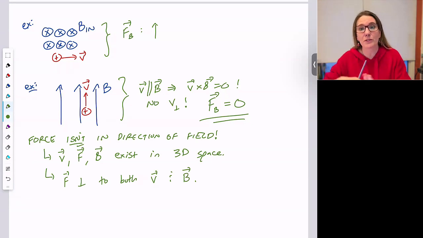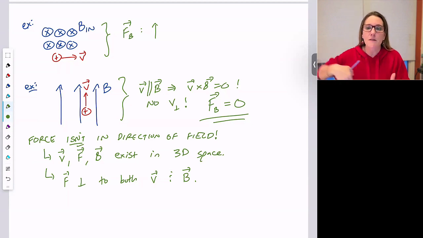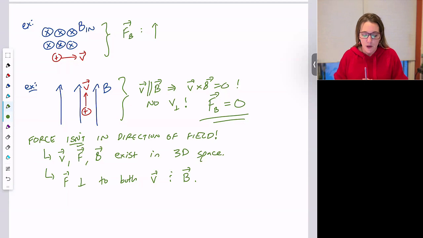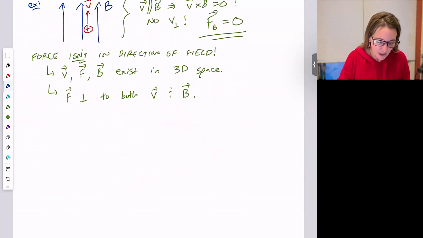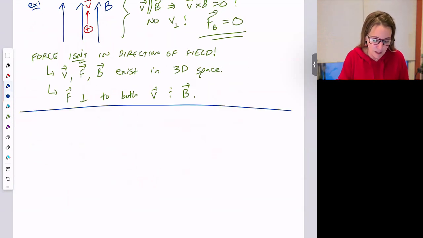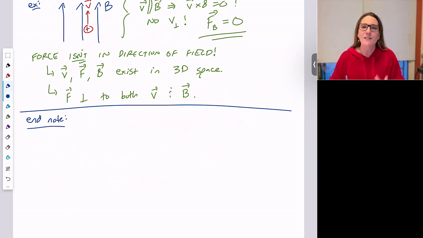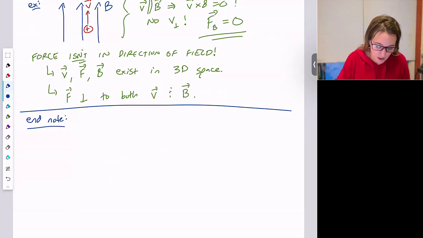In the next video, we'll see that the sort of motion it causes, because it's a perpendicular force to the velocity, will be circular. But I did want to make a side note, sort of an end note of this, which is that magnetism is a lot more complicated than it seems. The classical understanding of magnetism works well, but generally only when we look at it through a lens of special relativity.